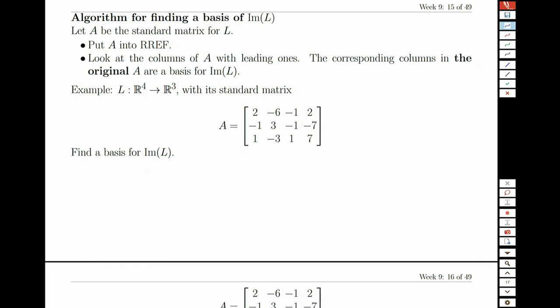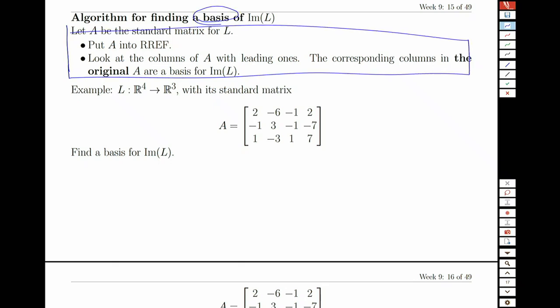This is going to be a process you'll have to memorize or apply and then practice. If we're looking for specifically a basis of the image, we're basically looking to remove any redundant columns, because we already have a spanning set with the columns.